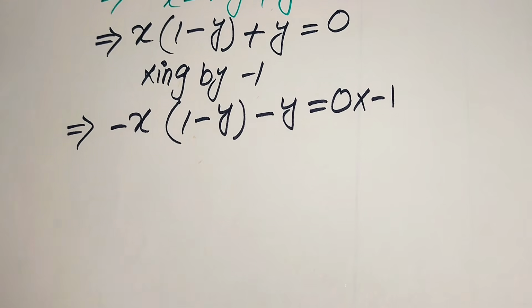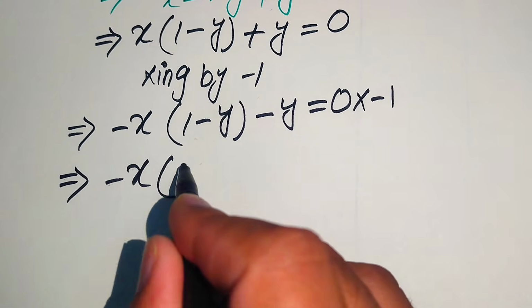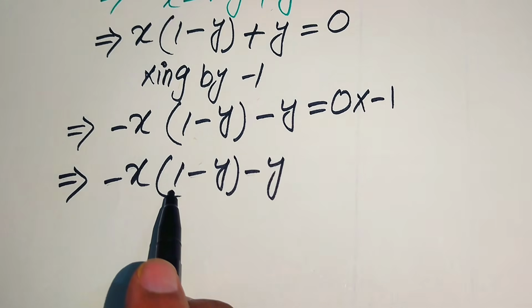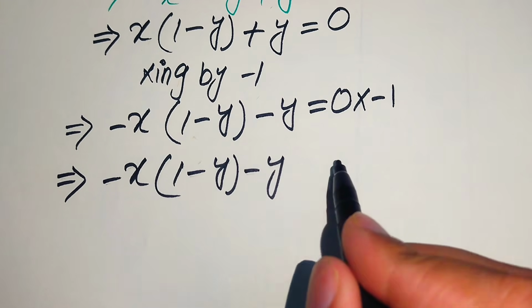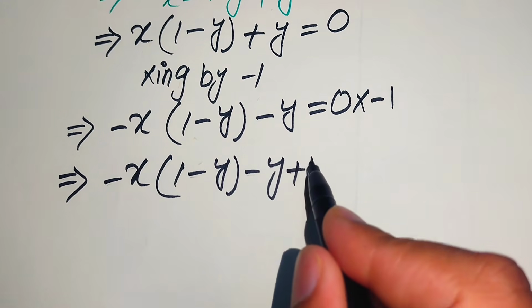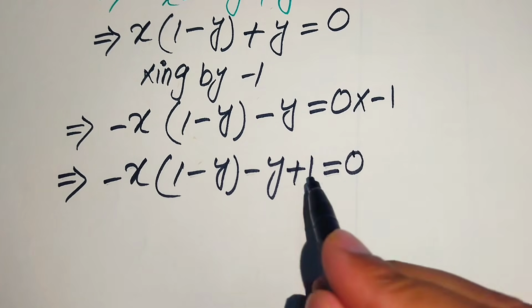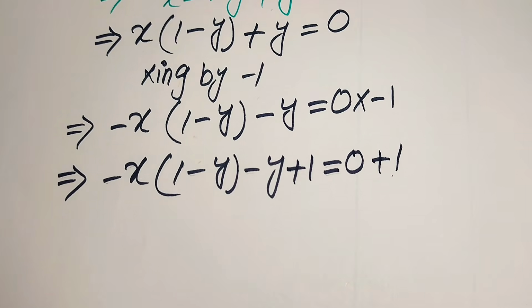Here we need plus 1, so we add plus 1 on both of the sides. So we write here plus 1 is equal to, here 0 times minus 1 becomes 0, and we add this plus 1 on both of the sides.